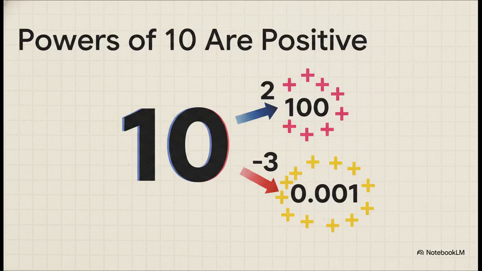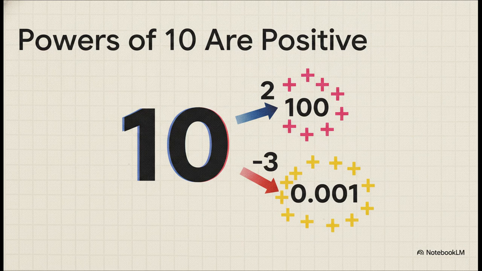Alright, so the key here is understanding how our base number 10 actually behaves. Mr. Moustafa maps it out so logically on the whiteboard for Sami. First, remember our definition. A logarithm represents a power of 10. Now, if we take 10 and raise it to a positive power, like 2, obviously we get a positive number, 100. But what happens if the power is negative? Well, if we raise 10 to the power of -3, we don't get a negative number.